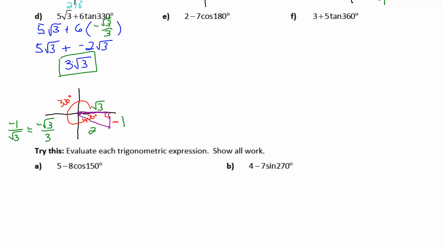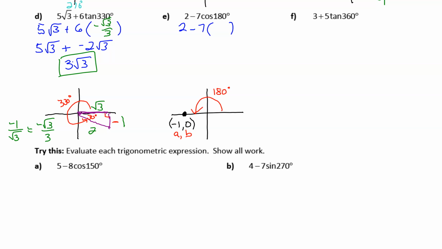In E, we'll need to find cosine of 180 in order to evaluate this expression. 180 degrees is a quadrantal angle, meaning it falls in between quadrants, so we'll need to use the circular definition to find the cosine. Recall that the coordinates of the point on the terminal side are negative 1, 0.